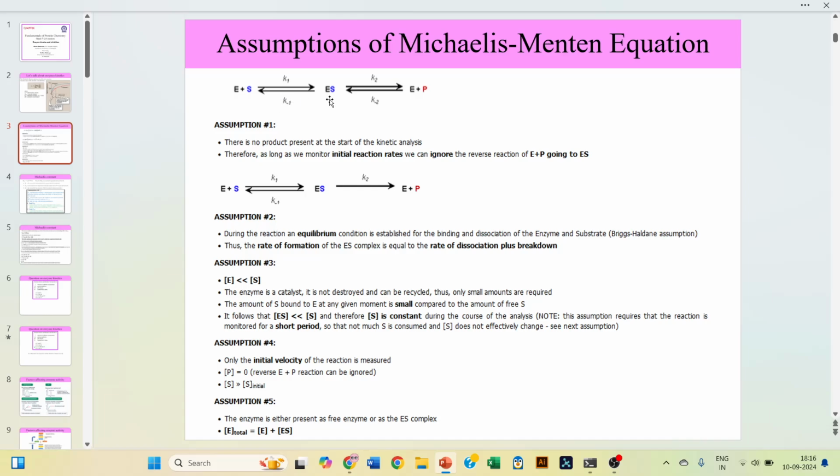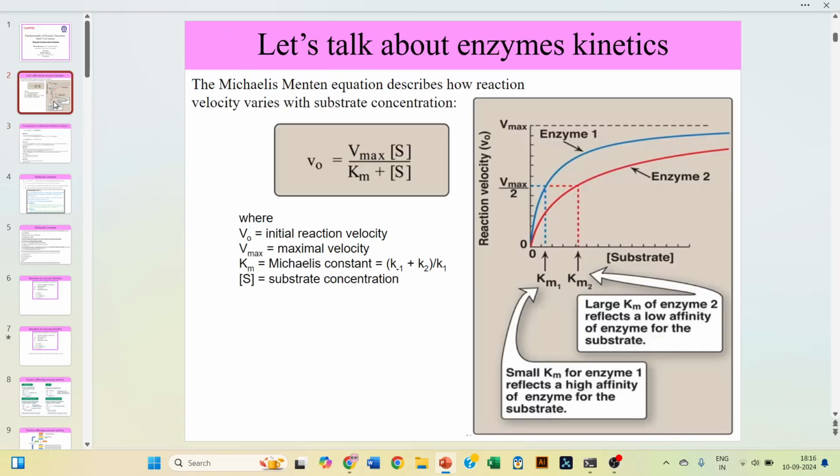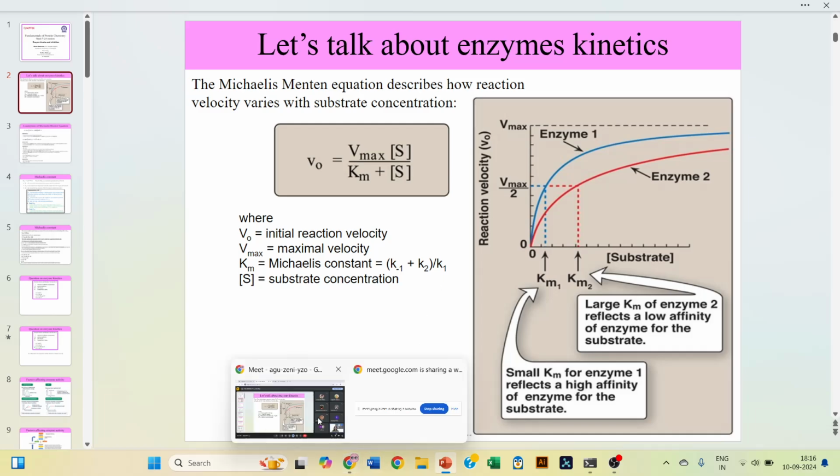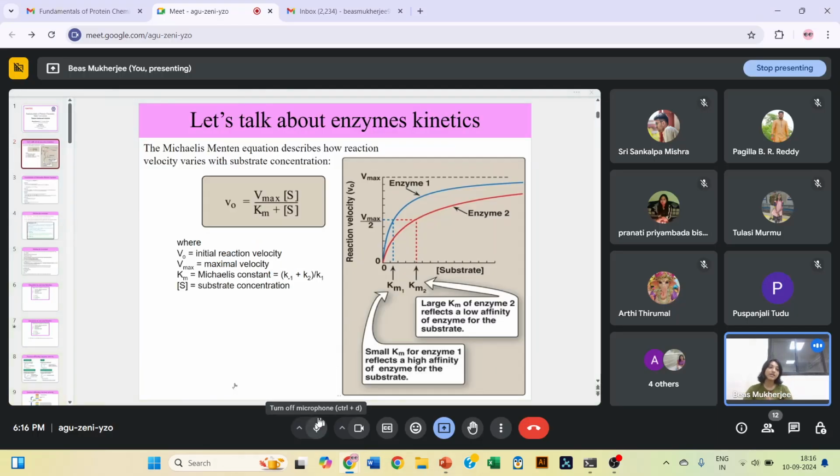Similarly, the ES complex can also proceed towards enzyme and product, and that rate is given as K2. So this Km is equal to (K minus 1 plus K2) divided by K1. That means the rate of breakdown of the ES complex divided by the rate of formation of the ES complex.